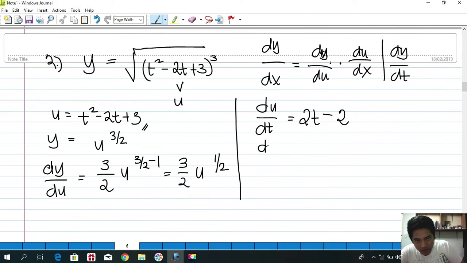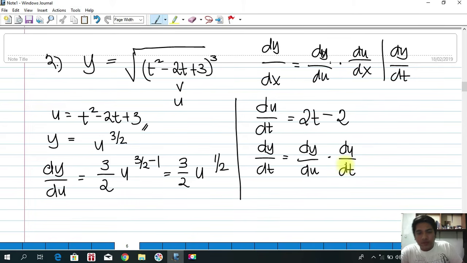So dy over dt is equal to dy over du times du over dt. This shall be our chain rule formula. Notice that we only replaced dx with dt because we are getting the derivative of y with respect to t.